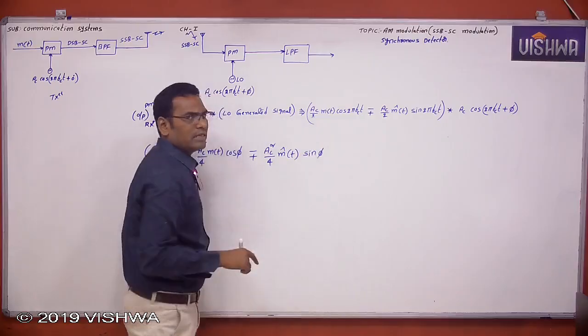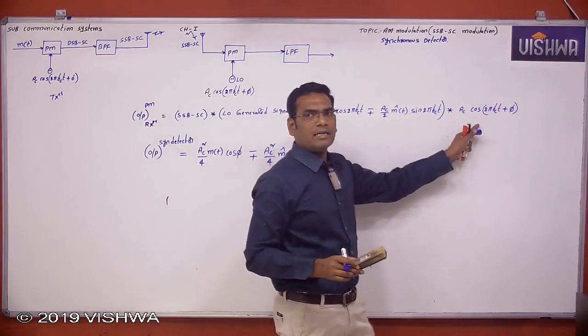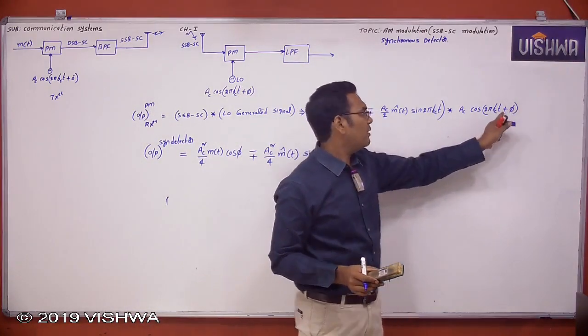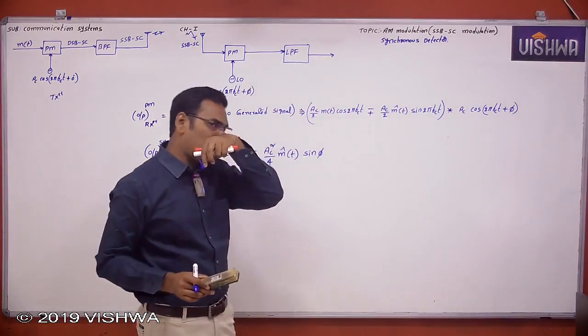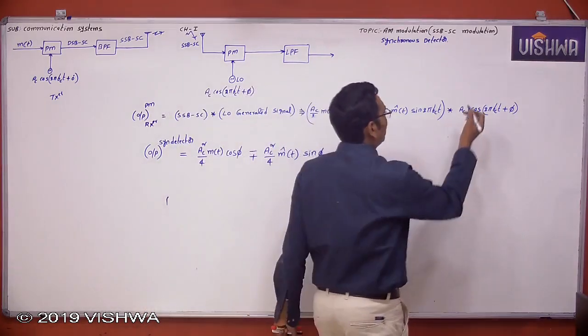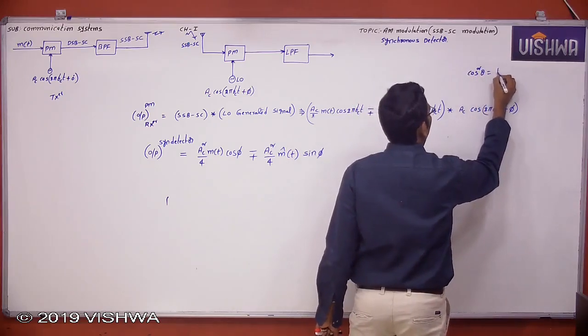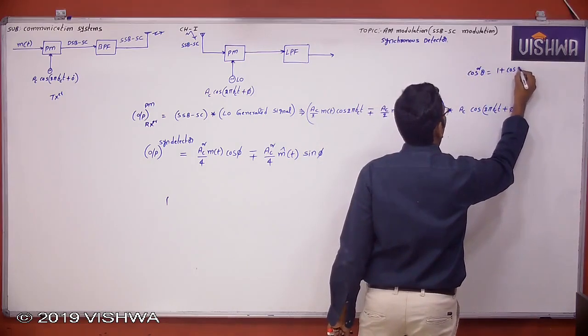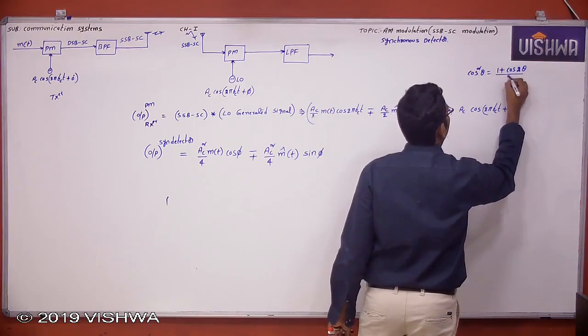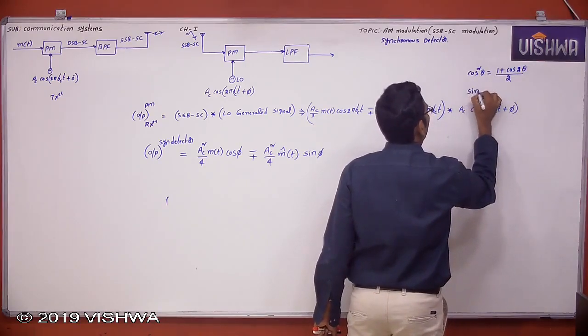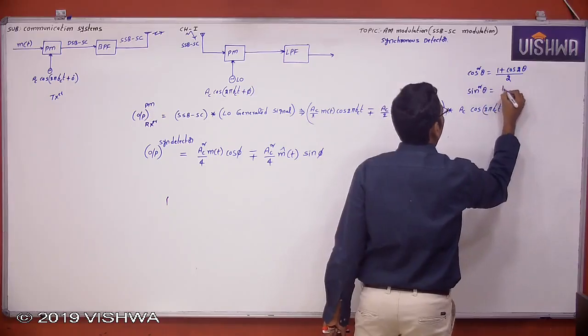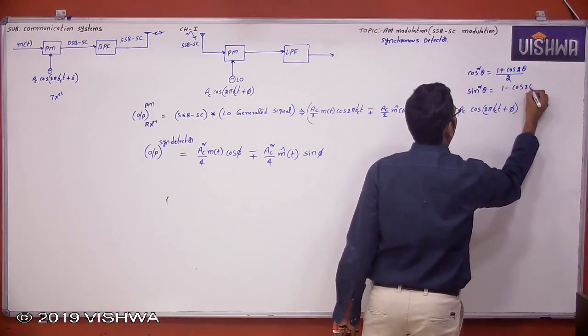You just expand this: cos A cos B minus sin A sin B, and multiply these two terms with those two terms. Somewhere you can have cos square theta, which you can write as 1 plus cos 2 theta by 2, or sin square theta, which you can write as 1 minus cos 2 theta by 2.